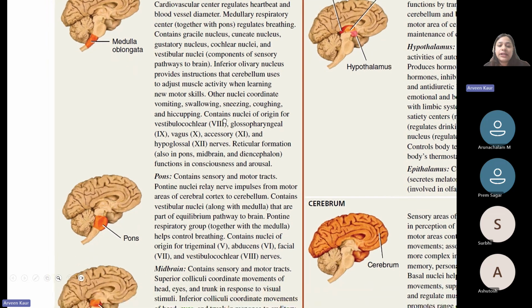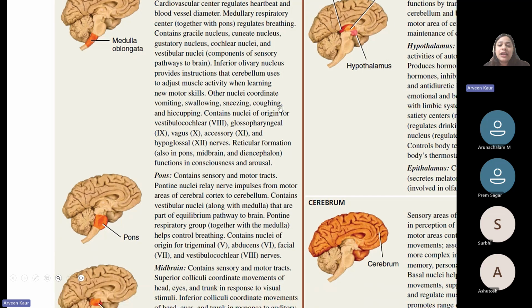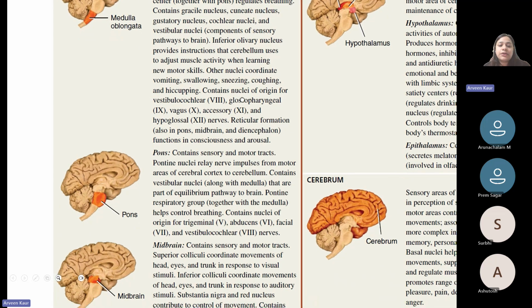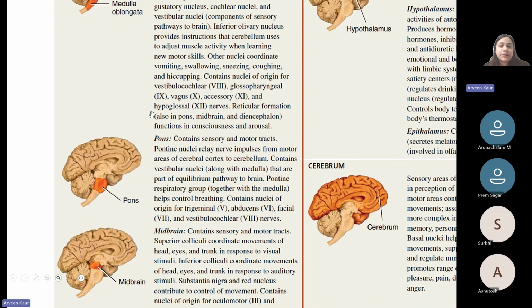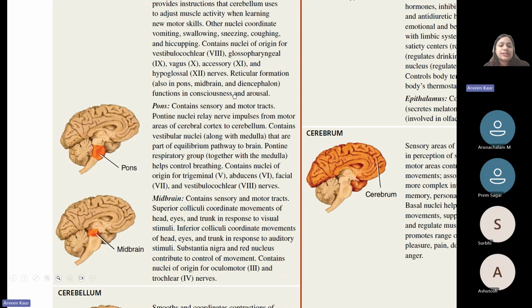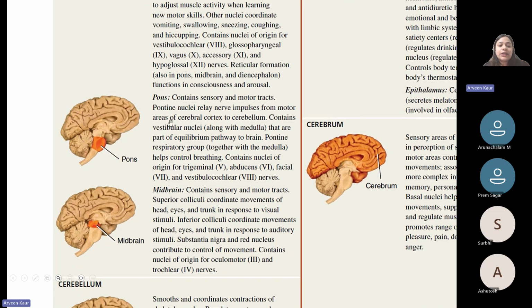Other nuclei coordinate vomiting, swallowing, sneezing, coughing, and hiccuping, and it contains nuclei of origin for vestibulocochlear, glossopharyngeal, vagus, accessory, and hypoglossal cranial nerves. Reticular formation, which is also a part of medulla, pons, midbrain, and diencephalon, functions in consciousness and arousal, right?